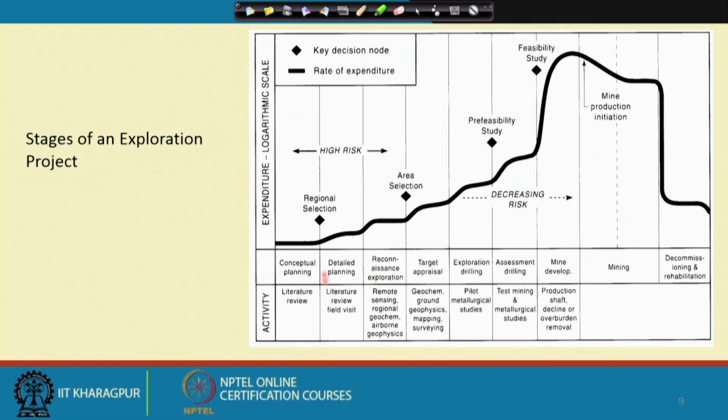Conceptual planning could be exactly what we saw we put under the category of reconnaissance, by looking at the available material that is with us, then the detailed planning stage. So, here we could see this thick line represents the cost that is involved in different parts of the project.